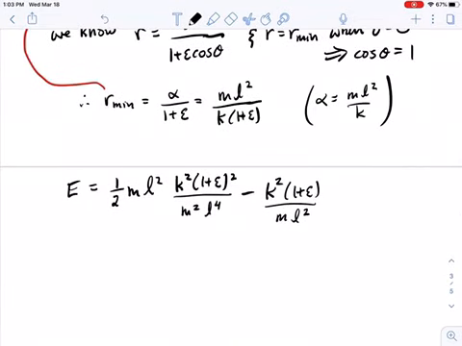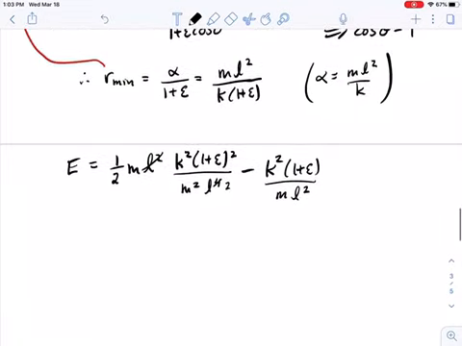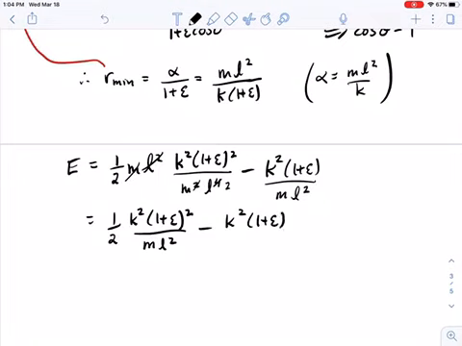All right, so let's see, we can get rid of an L squared, and we can get rid of an m. So we get a 1/2 k squared times 1 plus epsilon squared over m L squared minus k squared times 1 plus epsilon over m L squared.